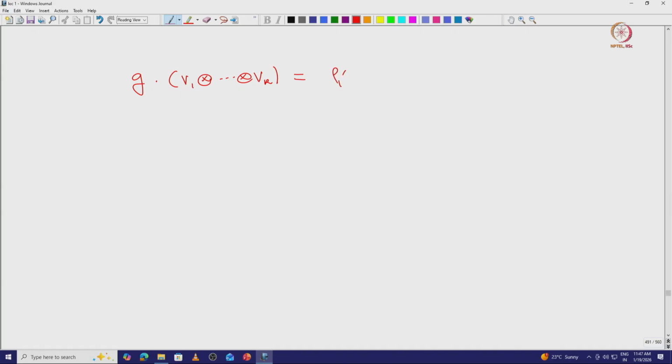You take rho 1 g and act it on V1, and tensor it etc. tensor rho k g, act it on Vk. This is how the action on the tensor product is defined, where V1 etc. Vk come from the respective individual vector spaces.